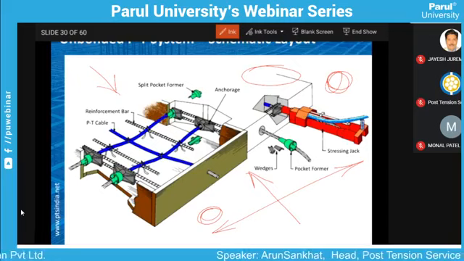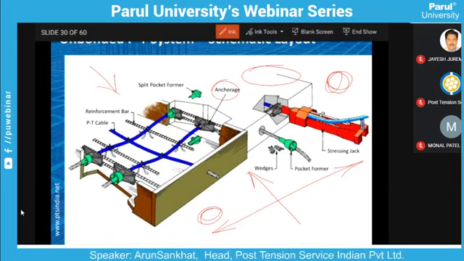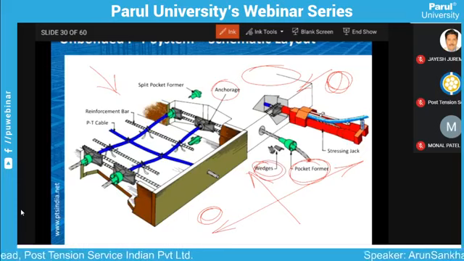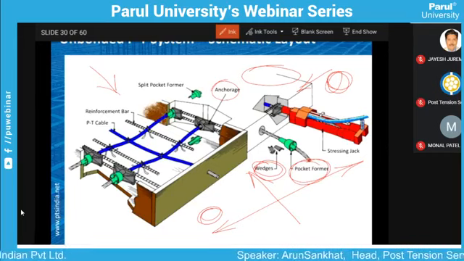So these are the intermediate anchorages, and after reaching enough strength in this cast member, we can stress the cable. We can remove the pocket former first. We can place the wedges. After placing the wedges and after cleaning everything, we can start the stressing with the stressing jack.